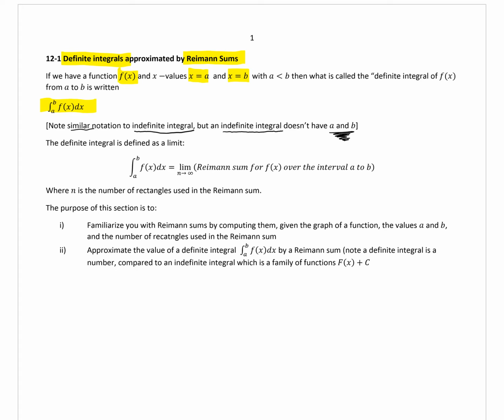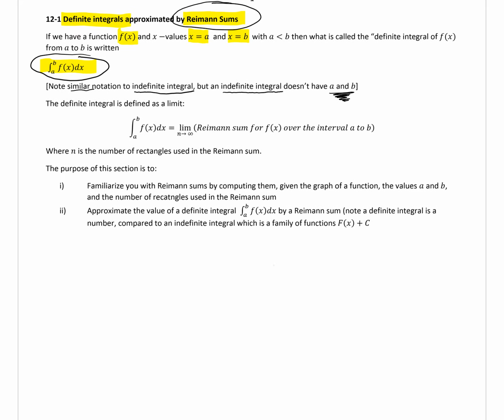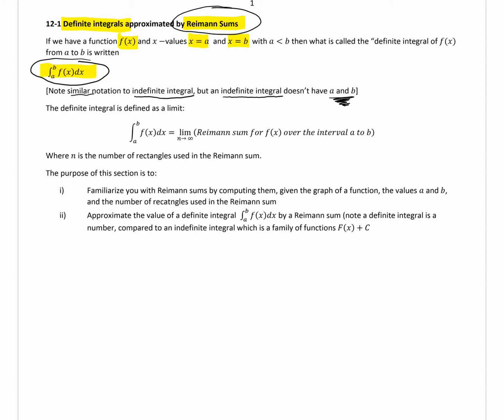There will be a connection, but on these particular pages, what we're going to concentrate on is using what's called a Riemann sum, really learning what that even means and calculating some of those. The Riemann sums are approximations to this quantity here. The definite integral, the definition is actually the limit of Riemann sums.